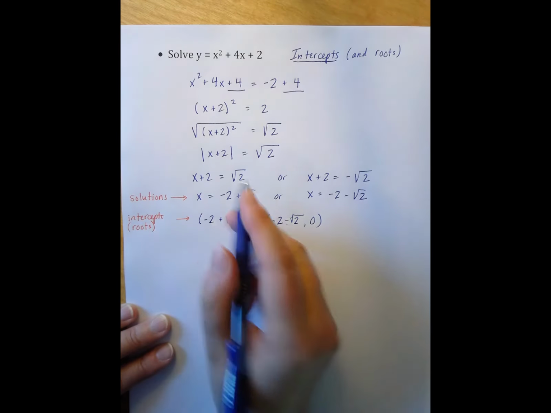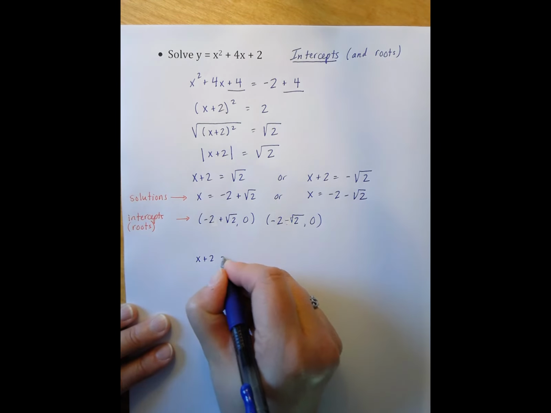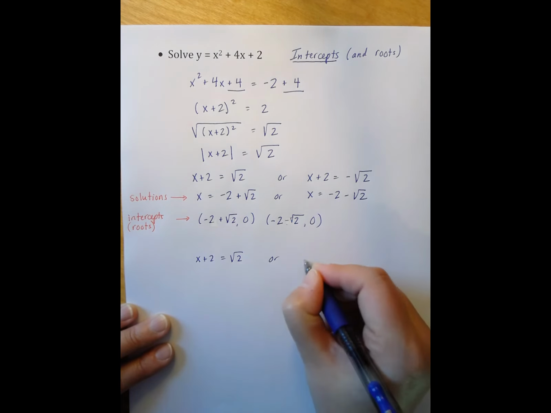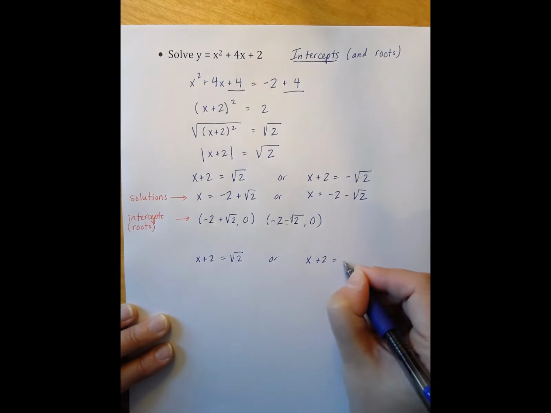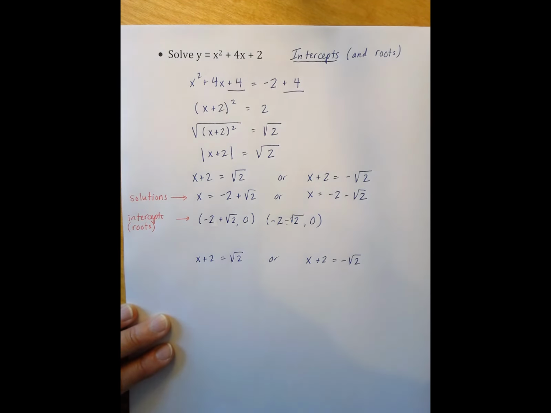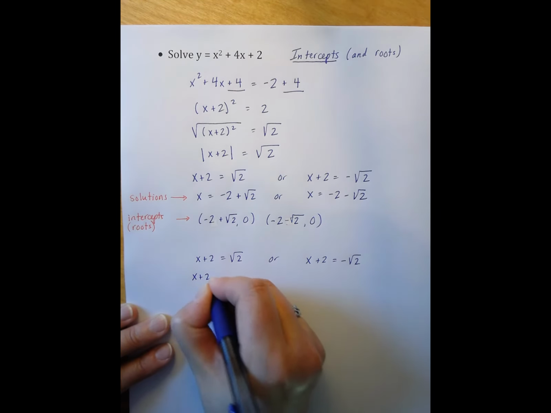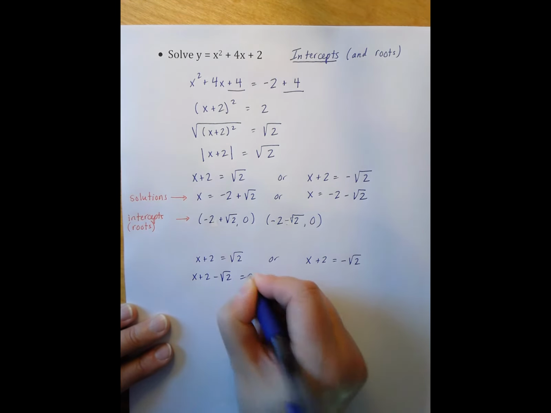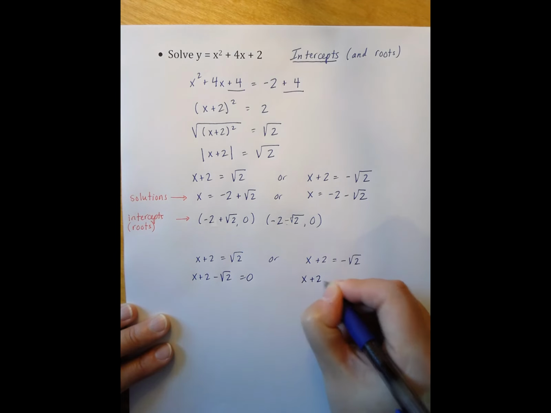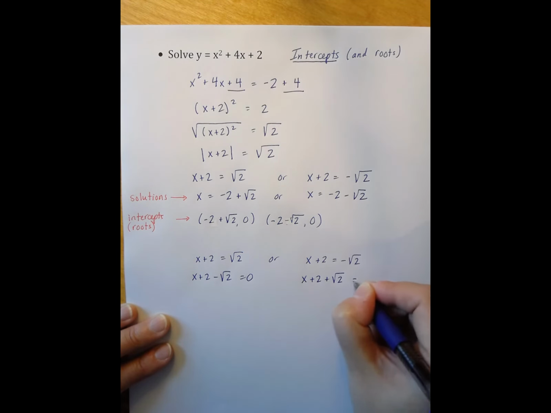So I go back up to this step. I have x plus 2 equals the square root of 2, or x plus 2 equals negative square root of 2. And I want to get each of them to equal 0, so that when I multiply them together, that equals 0. So I have x plus 2 minus root 2 equals 0, and x plus 2 plus root 2 equals 0.